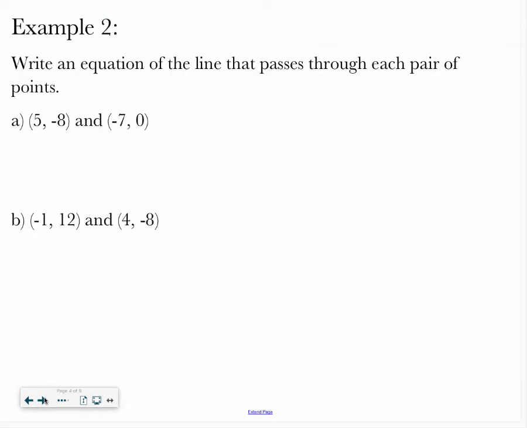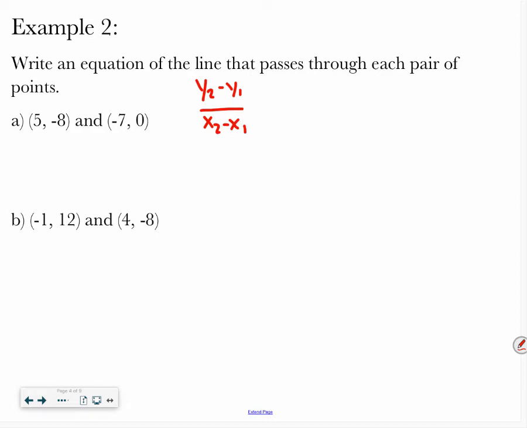Now let's practice writing an equation based on 2 points. Previously we were given a slope and 1 point. Now we don't even have the slope, so our first step is to find our slope. We're going to do y2 minus y1 over x2 minus x1.